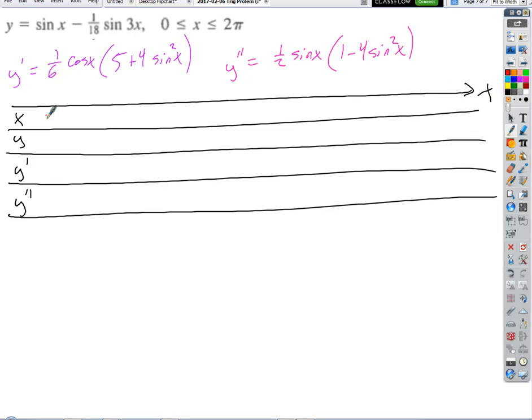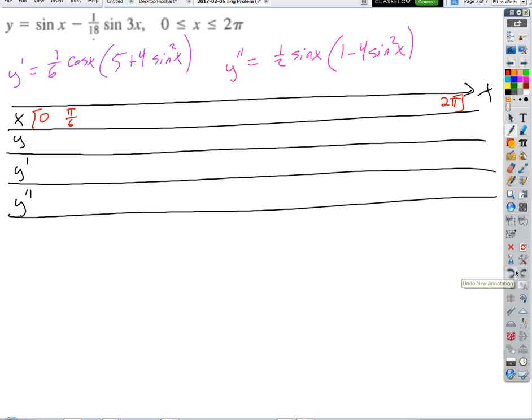We're going all the way from 0 up to 2 pi, and we had pi/6, 5/6 pi. What about pi over 2 and 3/2 pi? Were those critical numbers for the first derivative? Yeah, pi over 2, 3 pi over 2. They were for the first derivative? Yeah. Okay, so we need those.